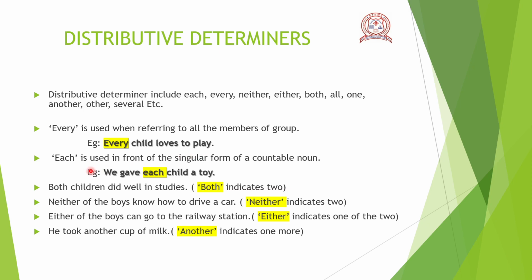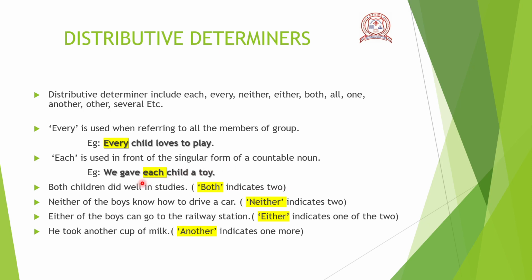The next one, each. Each is used in front of the singular form of a countable noun. Let me repeat. Each is used in front of a singular countable noun.